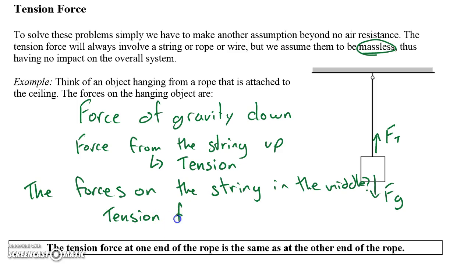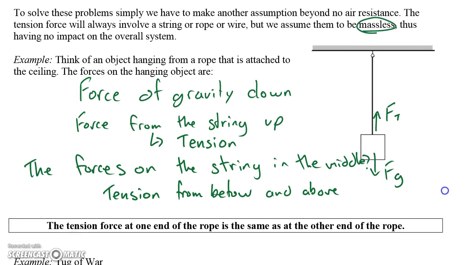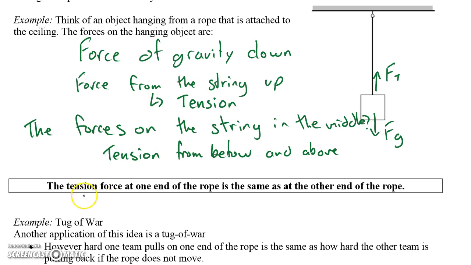So there'd be tension from below and above. So another assumption that we make with ropes, and it comes from this idea, is the tension force at one end of the rope is the same at the other. So the tension here is the same as the tension here. So that's how the ceiling feels the full Fg from the block hanging below it.